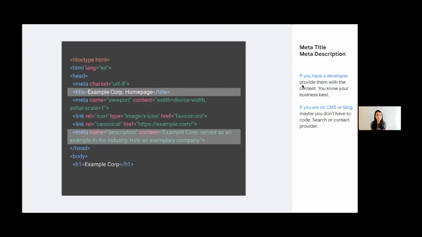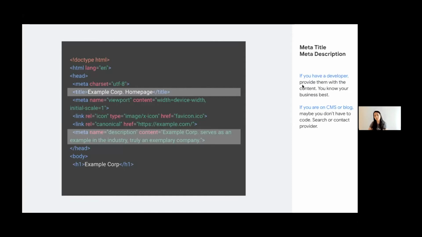Basically, this is the HTML code of a page, and we are adding these lines to give additional information to the browser. It won't show up on your website. It doesn't change how your website looks. If you don't work with code and you already work with a developer, ask them to change these for you. Tell them that you want to change meta tag title and description. You can help provide developers with the content though, because you know your business best.